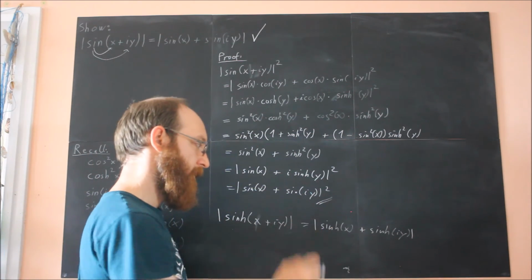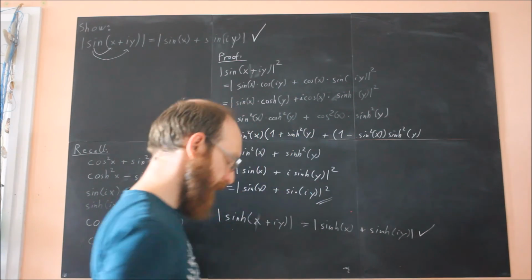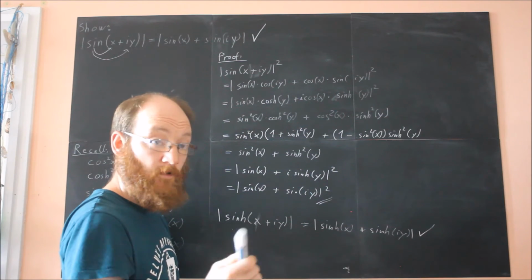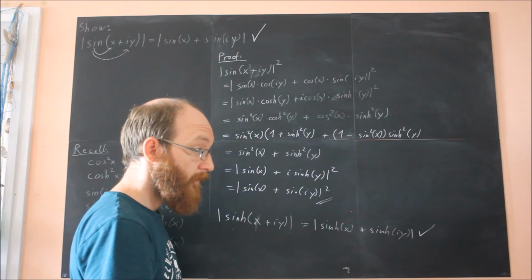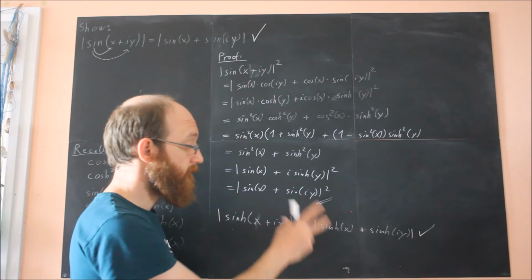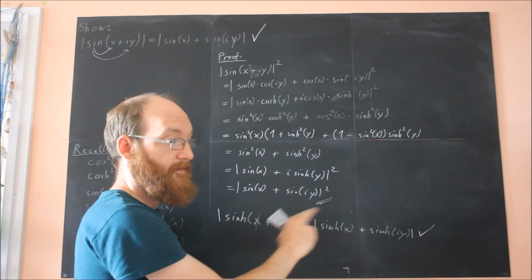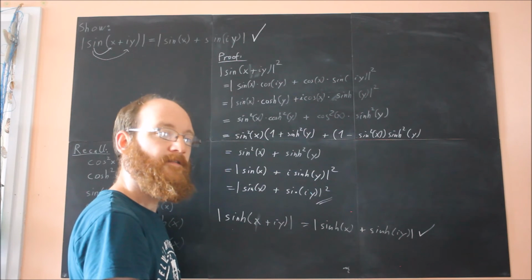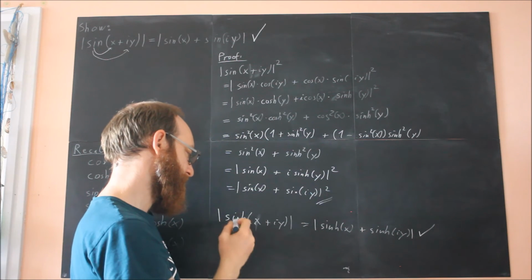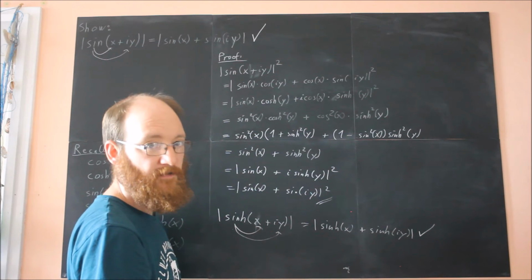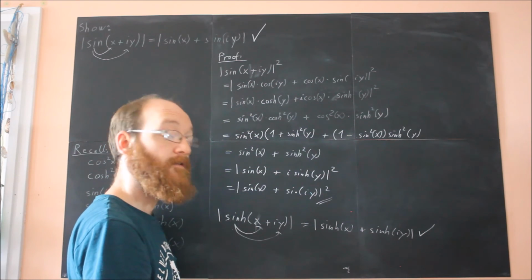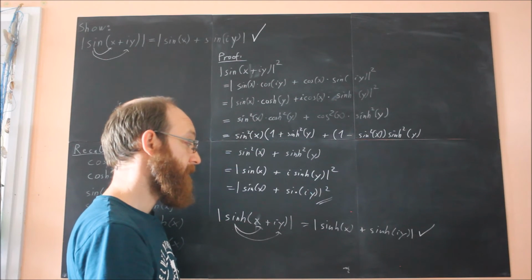Okay, so this holds also. And the next one would be the cosine and hyperbolic cosine. Of course we can find some identities, but not in the sense like here, where we can distribute the sine and hyperbolic sine. With the cosine you will find out it's not the case.